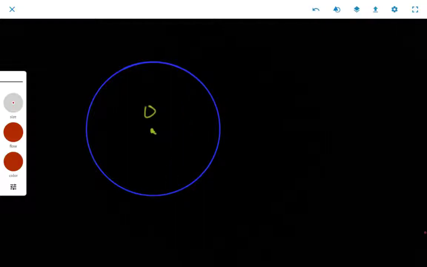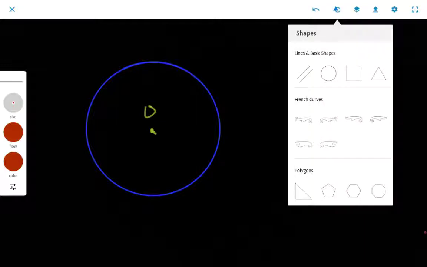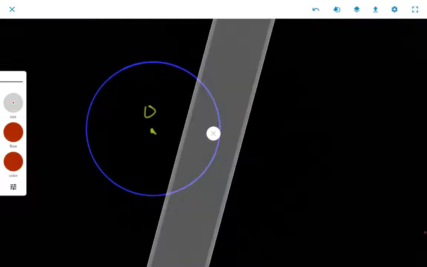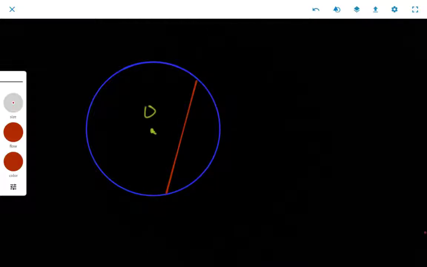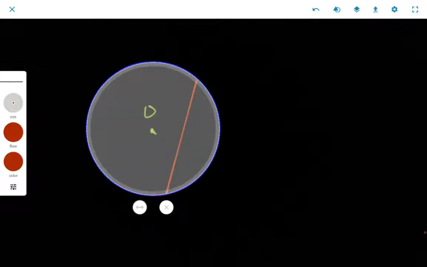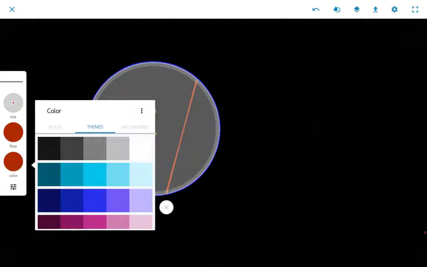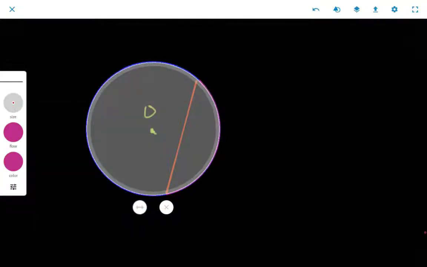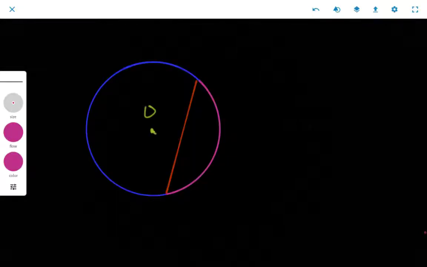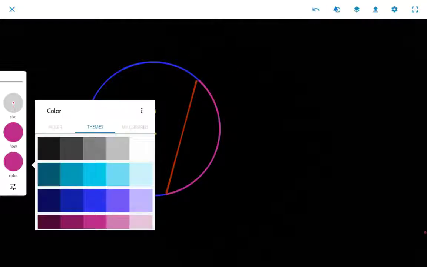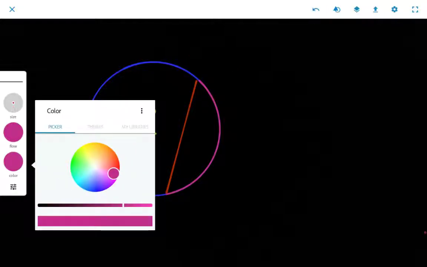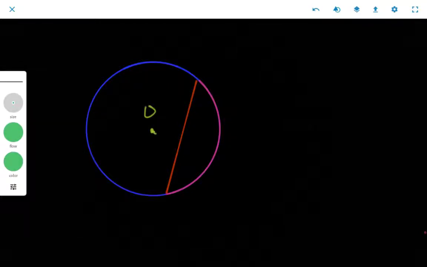Now let's say there is an arc. Here is the line. I choose this arc, for example. Let me change the color, it would be better. So this was my chord.